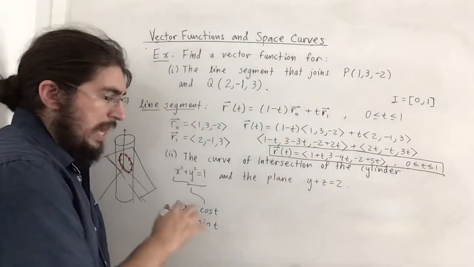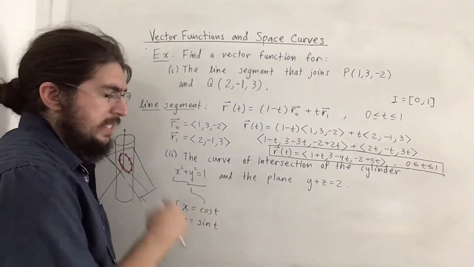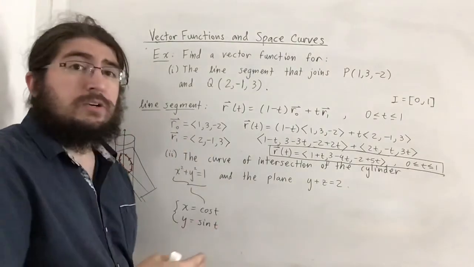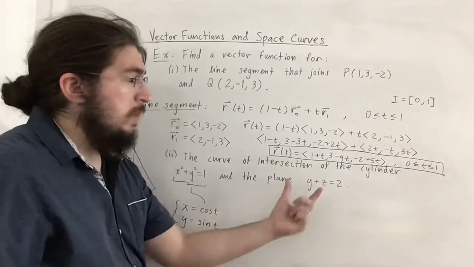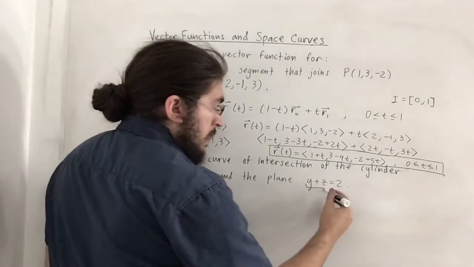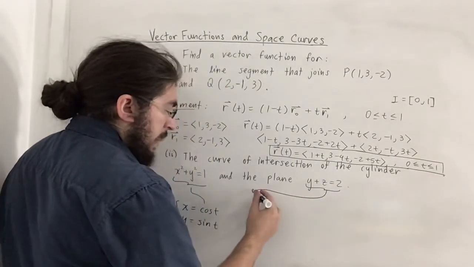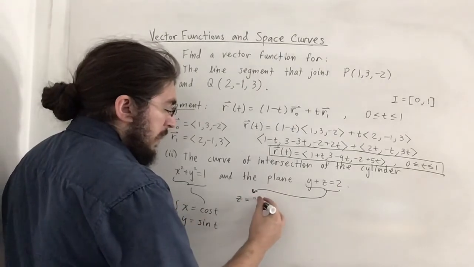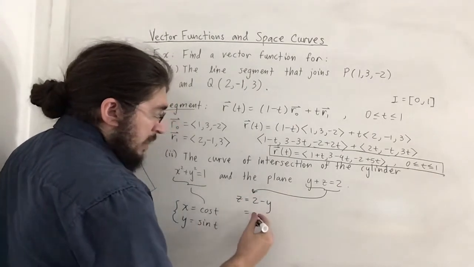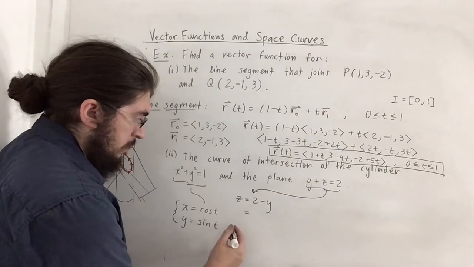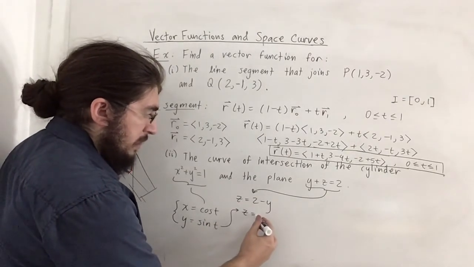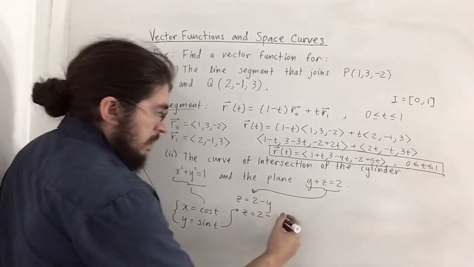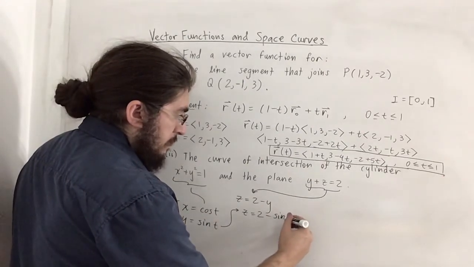Fantastic. So we have our x and y parametric equations. All we need now is our z parametric equation. That's where this steps in, because we can solve for z actually. Notice if we solve for z here, we get z is equal to 2 minus y. And since we already know what y is equal to, then we must have that z is equal to 2 minus that y equation, which is sine of t.